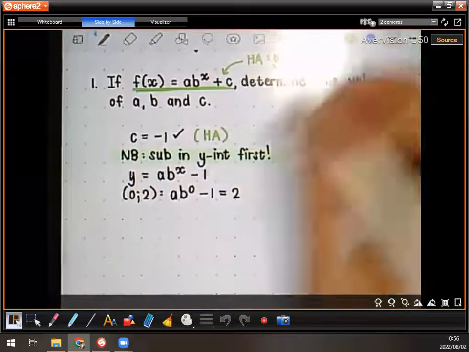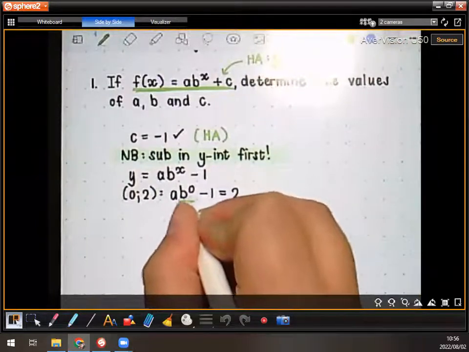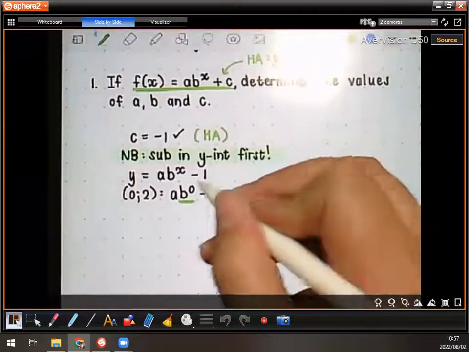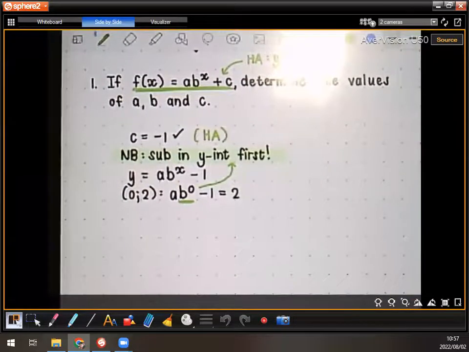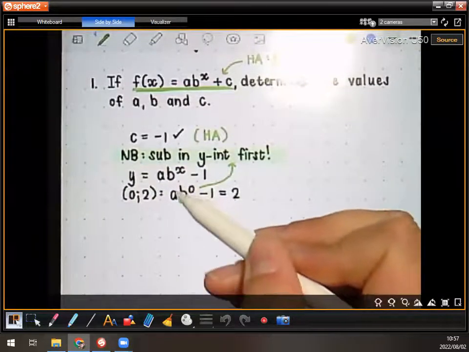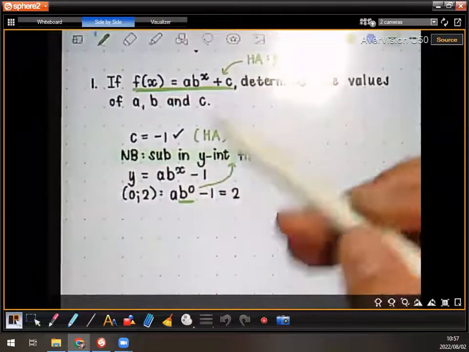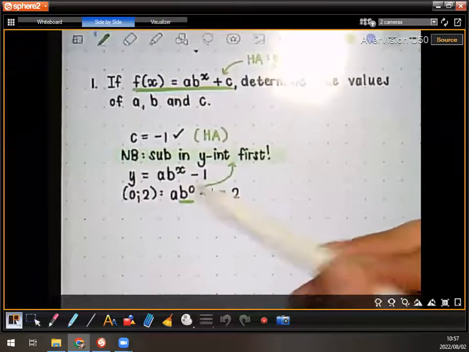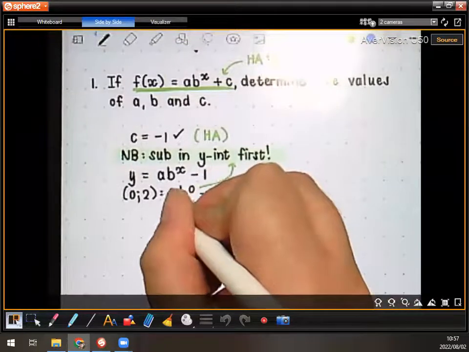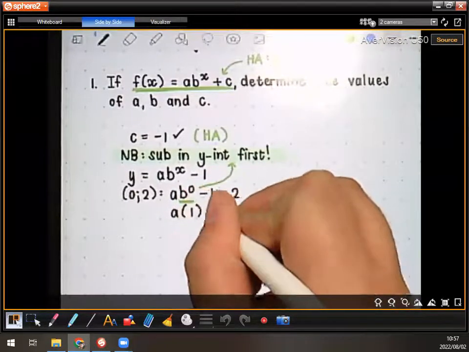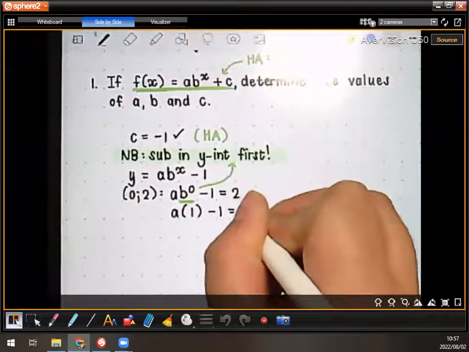Now guys, this is why we sub the y-intercept in first, right? Because the y-intercept will always have an x value of 0, which means that if you have a variable to the power of 0, so b or whatever letter they use here to the power of 0, it's almost like we're canceling it out. Because you guys told me now that this is 1. So actually what I have here is a times 1 minus 1 equal to 2.